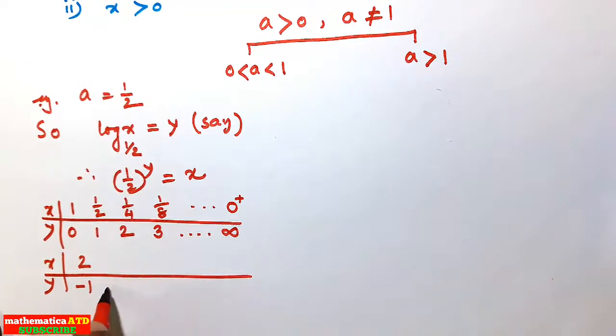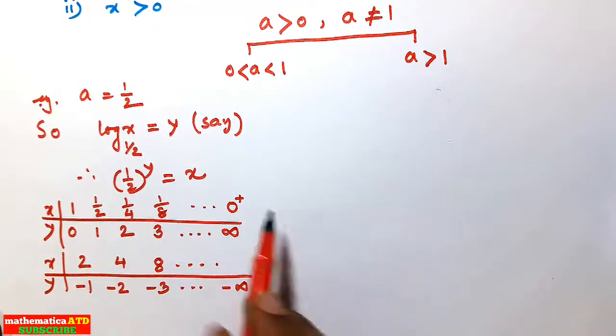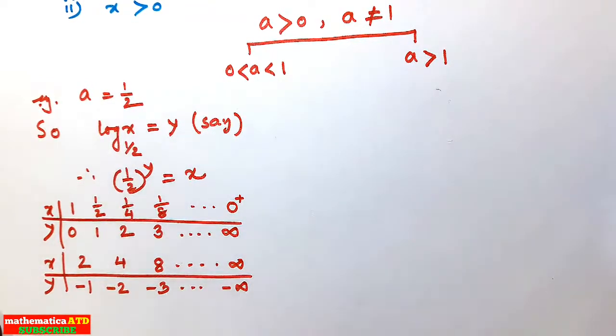Say y is equal to -2, x will be 4. Y is equal to -3, then x will be 8. In this way, when y is equal to negative infinity, then x will be positive infinity. Now we shall plot these points.